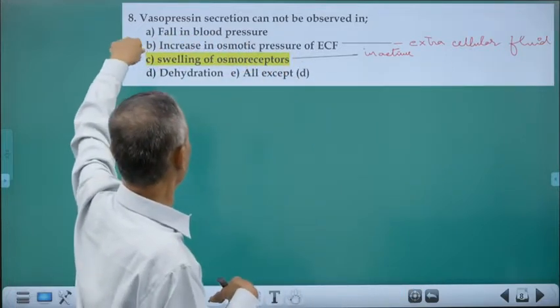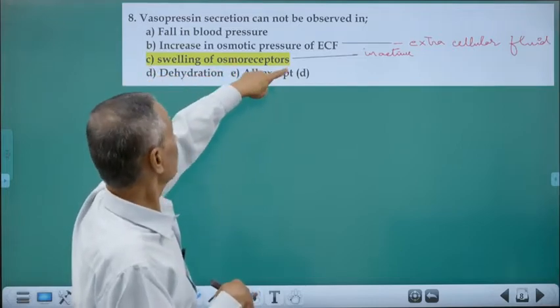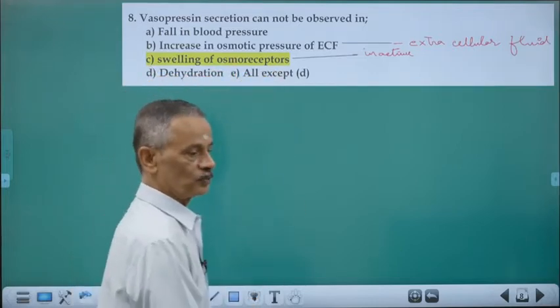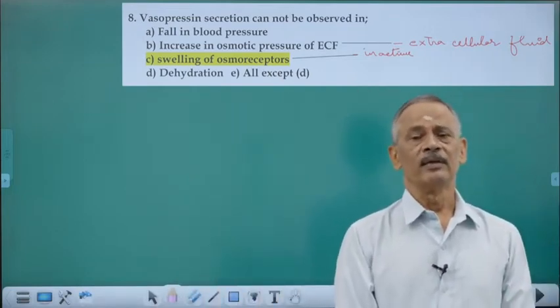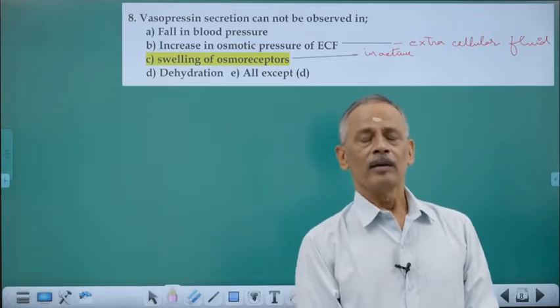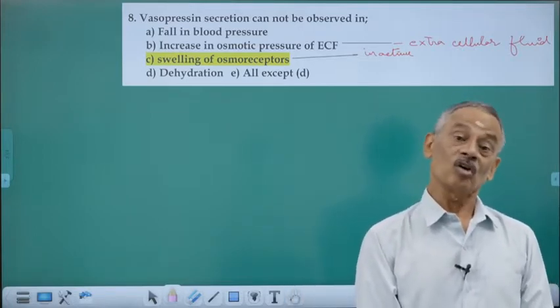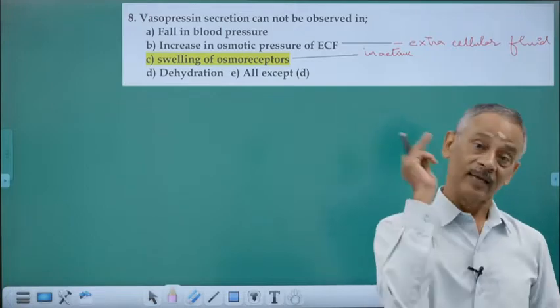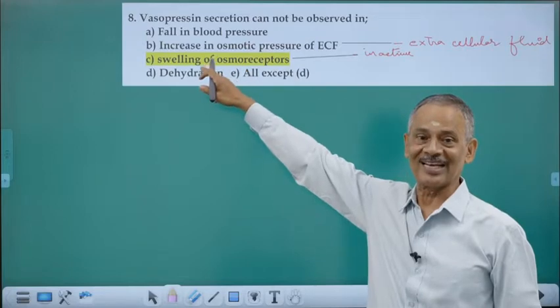So swelling of osmoreceptors means the osmoreceptors are inactive. When there is a fall in body water level or fluid level, osmoreceptors become active. And when the osmoreceptors are active, vasopressin is released.